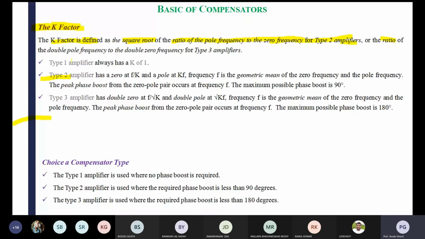And for the type 1 compensator, the K value is 1.